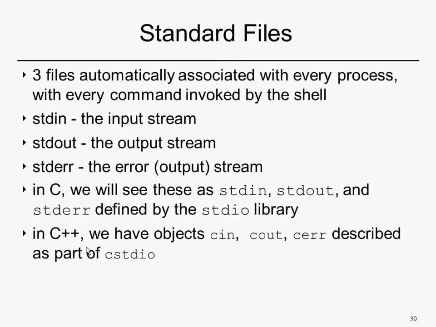Maybe it's typed in on the keyboard by the user. Maybe it's from a different file that's redirected into it. Standard output is where it puts most of its output, and standard error is where it puts warning messages, error messages, and so on. And in C programs, you can get access to these, the so-called stdin, stdout, and stderr.